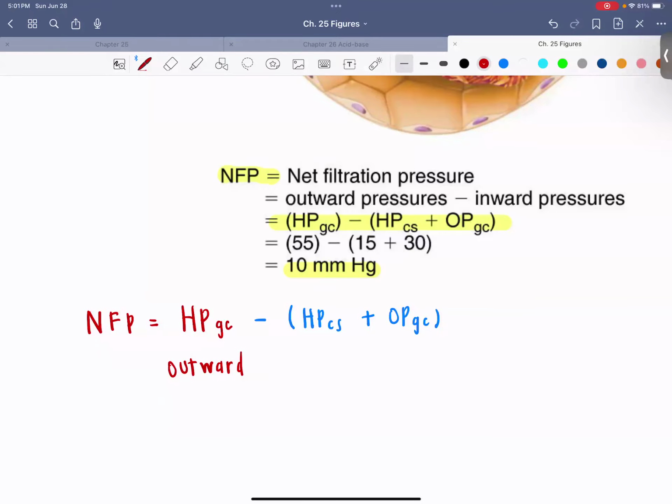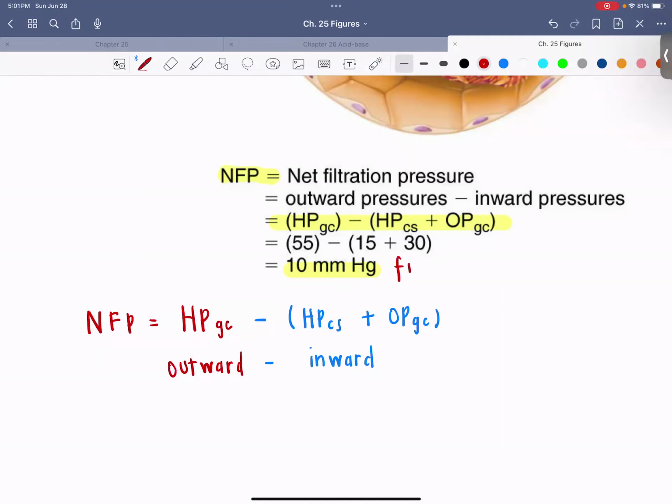This pressure is the outward force, so it's going to favor filtration. You subtract from that the sum of the other two forces, which are often referred to as inward forces. As long as the net filtration pressure is positive, it's normally 10 millimeters of mercury.